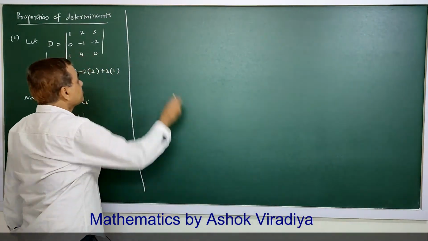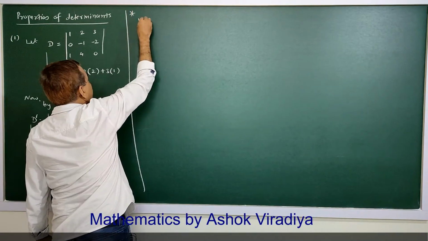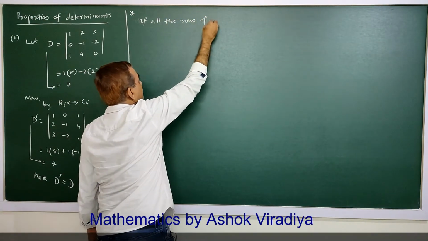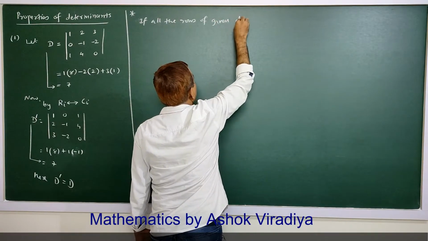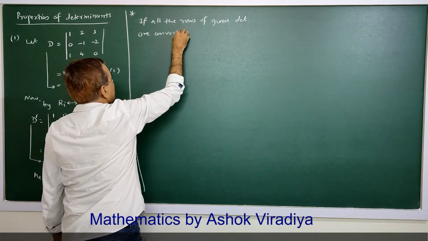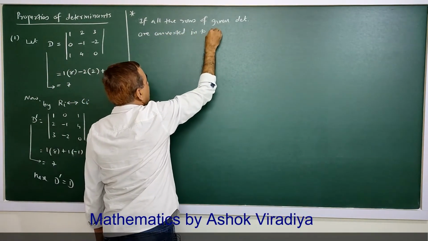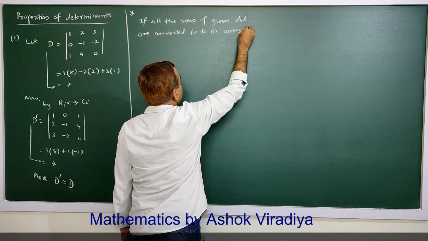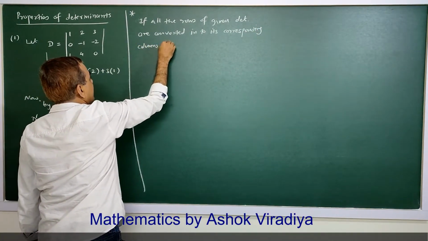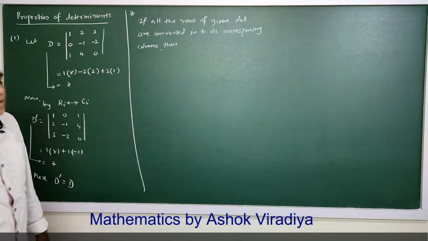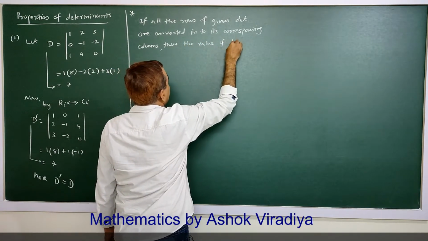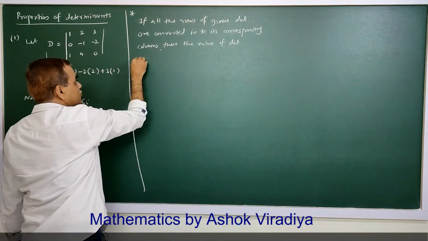So I am putting this statement: if all the rows of a given determinant are converted into its corresponding columns, then the value of determinant remains unchanged.